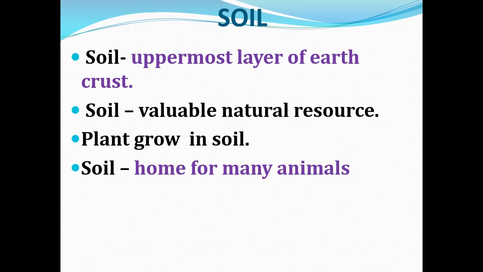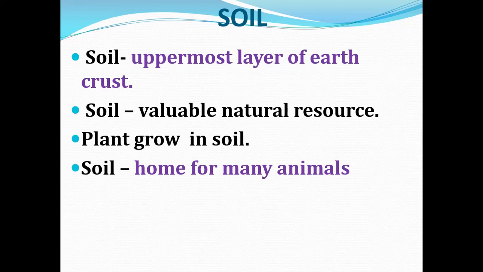Next, why is soil a valuable natural resource? Soil is a home for many animals, including microorganisms like bacteria and fungi, and animals like ants, mites, millipedes, beetles, worms, rodents, etc. Some of these are useful for the growth of plants.